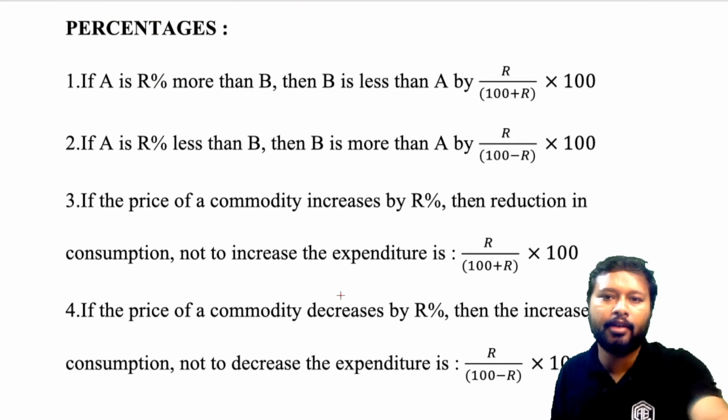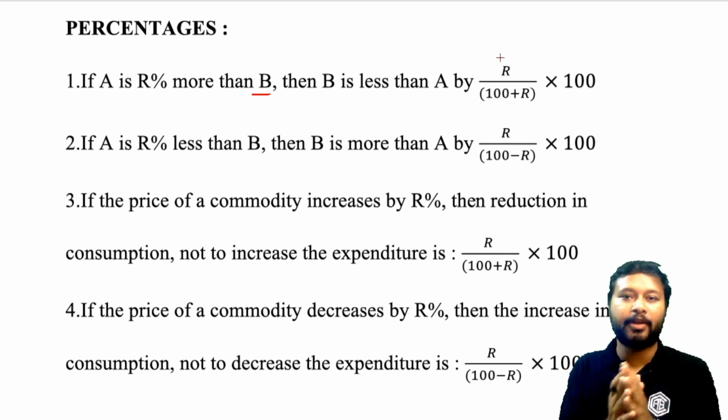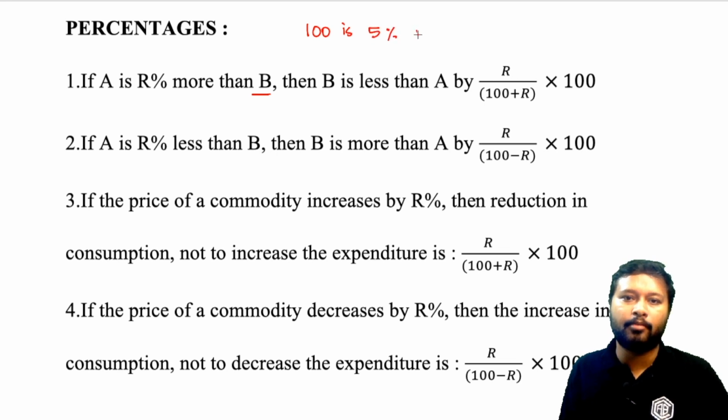Simple, right? Now here is a set of formulas for percentages. So if A is R% more than B, then B is less than A by this much value. Okay, it looks complicated, but it's very simple. Let's say 100 is 5% more than, let's say, 200.